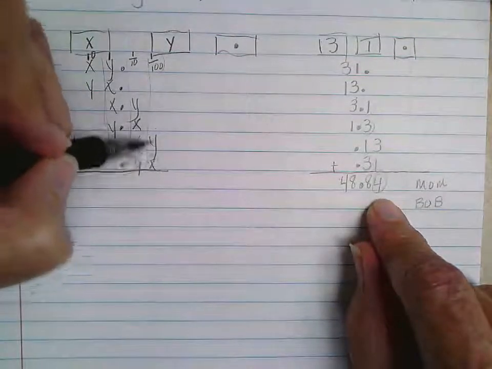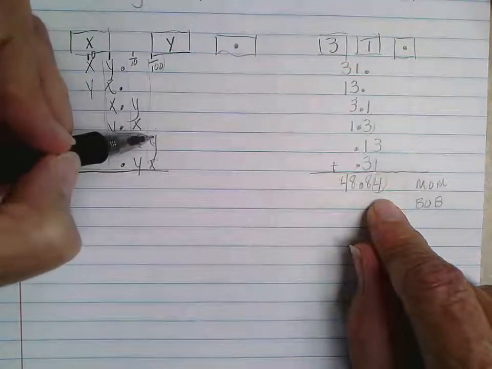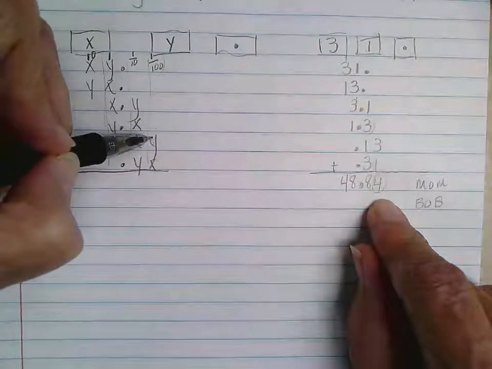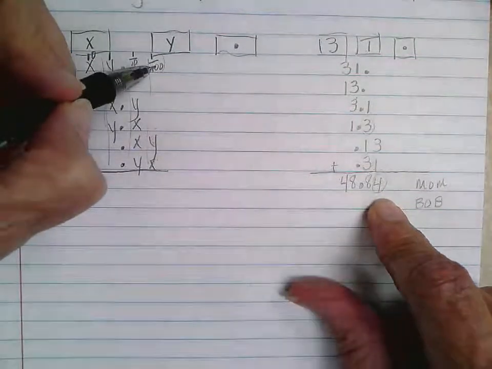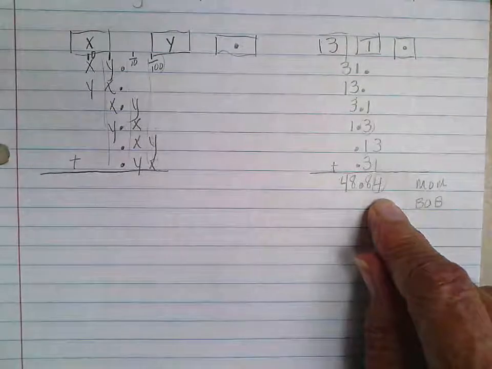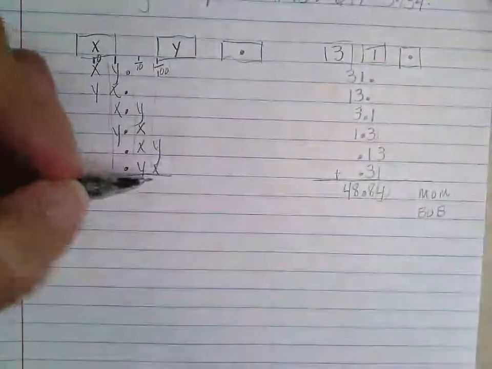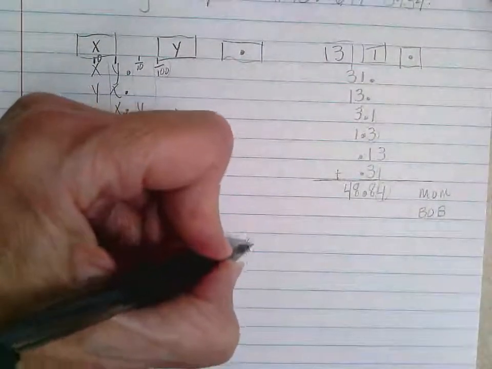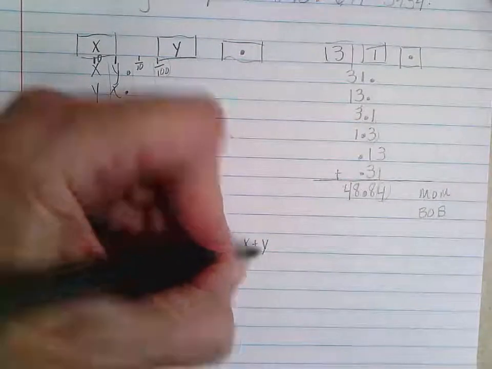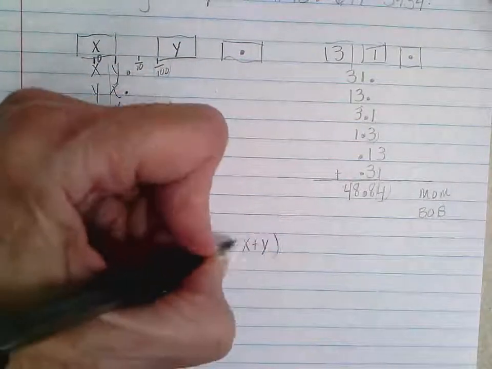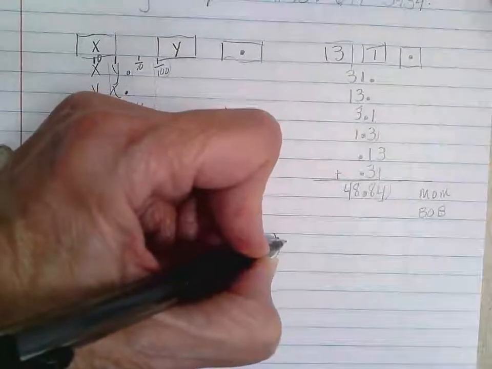So because these are variables, I'm going to write these down as a sum, and then I'm going to multiply it by the 100th place. So x plus y, and then I'm going to multiply that times 100th.